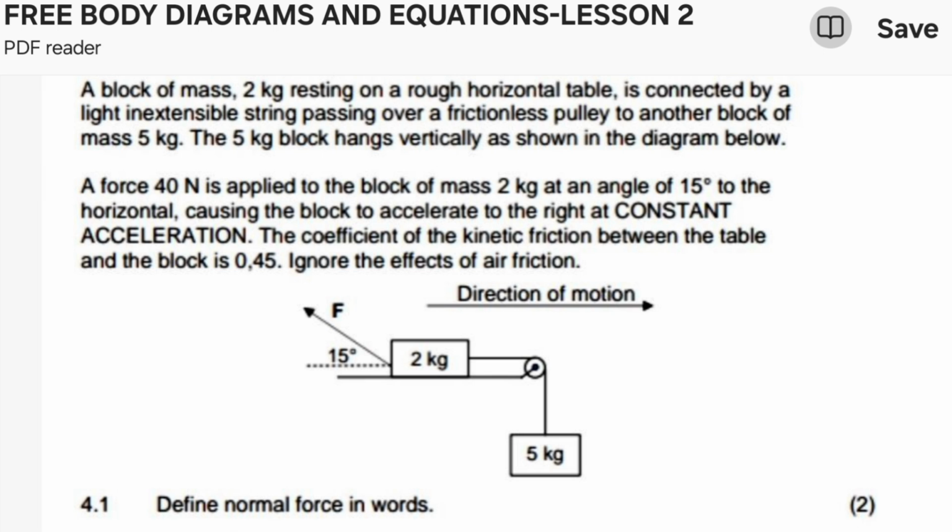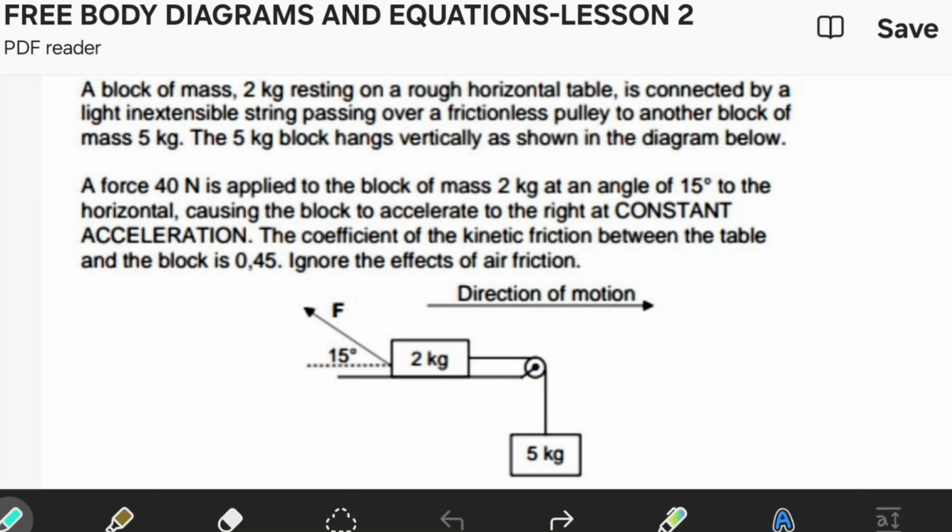So this statement that they gave us, let's see how we can make sense of it. For understanding purposes, let's take this as our block A and this one as our block B. They said a block of mass 2 kg. So already they told us that this has mass, and anything that has mass has the Fg, the gravitational force.